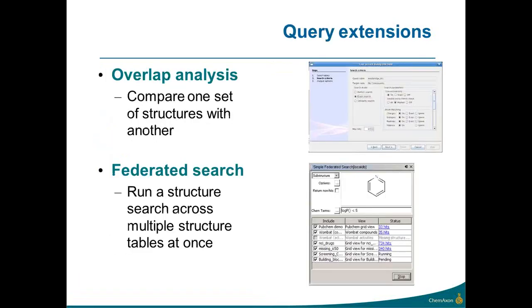Besides the simple and advanced queries, we have extensions like overlap analysis, where you can compare one set versus another. For example, you can look if you have duplicates in the files, and you can remove them. Also, you can do federated search, where you can, for example, run a structure across multiple structure tables at once.